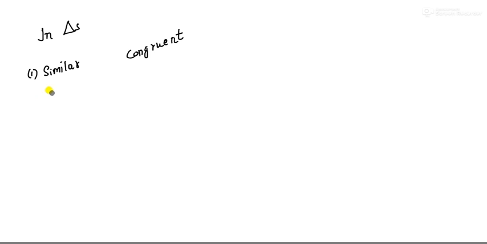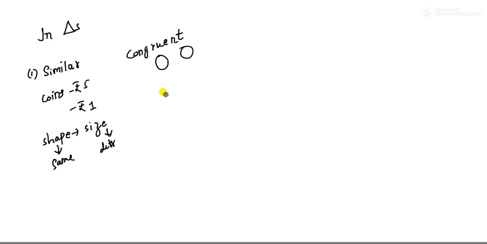Similar means, see, if I take two coins, one of rupee 5 and one of rupee 1, both of them are circular in shape, but their size is different, correct? So same shape and size is different, we call them as what? Similar. And congruent is shape and size both are same.